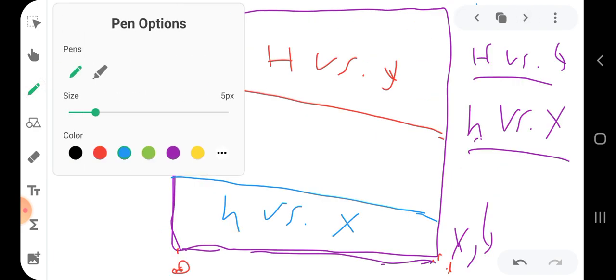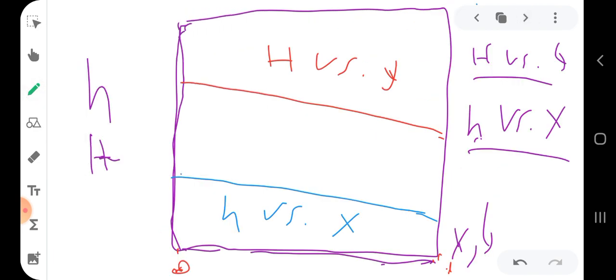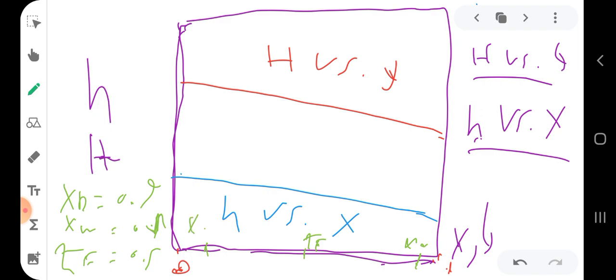So suppose that you have, for example, XD equal to 0.9, XW equal to 0.1, and ZF equal to 0.5. So you need to locate them in the graph. So we will say here my XW, here my ZF, and here my XD.